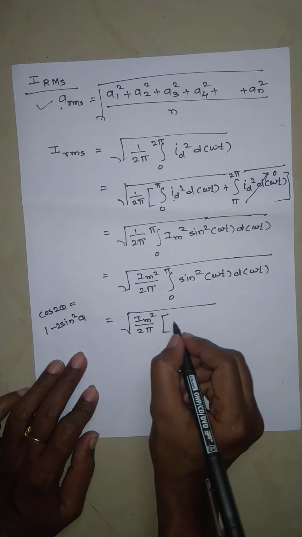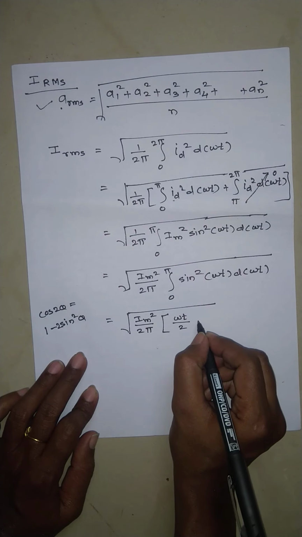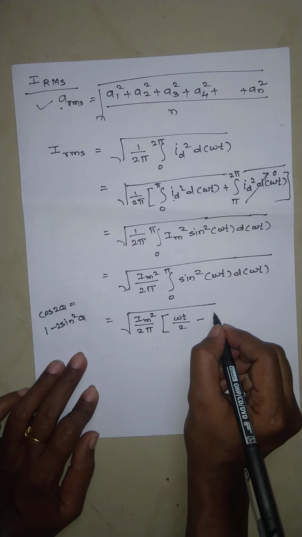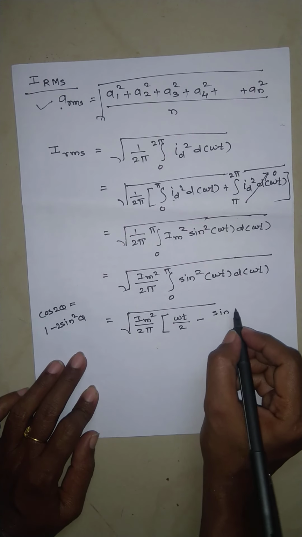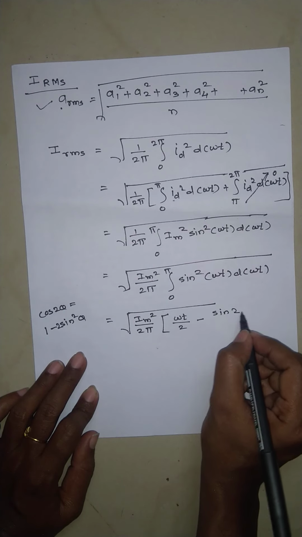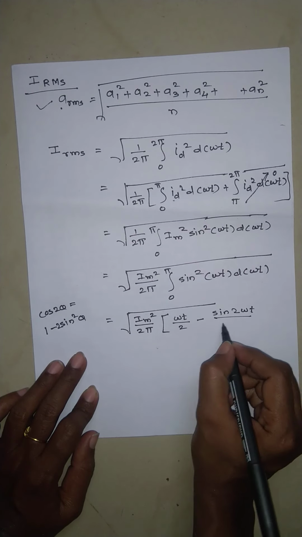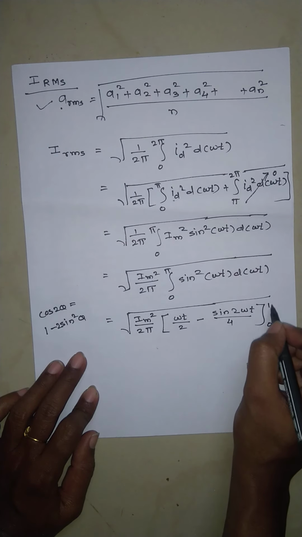The integration of this will be omega t by 2 minus sine 2 omega t divided by 4, with the integration limit 0 to pi.